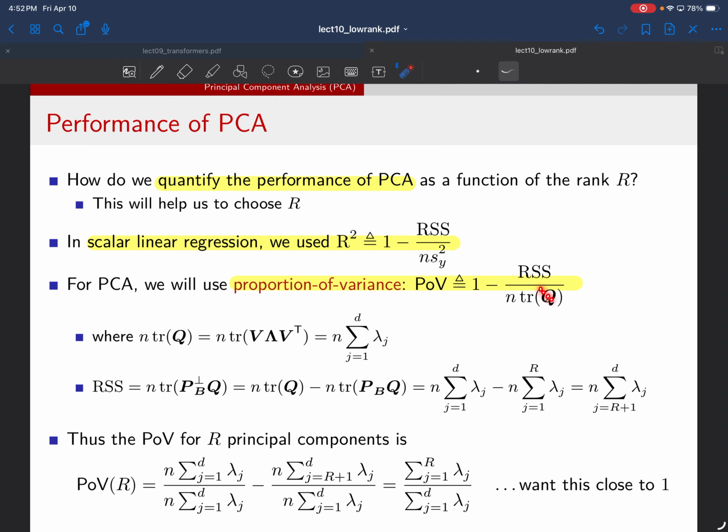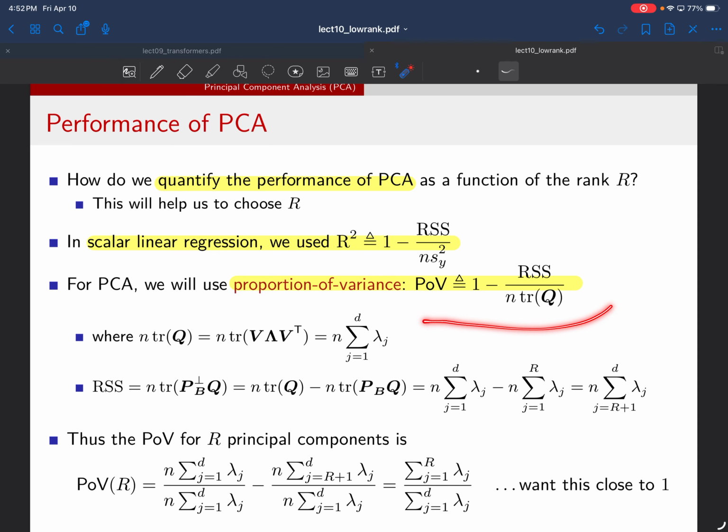The diagonal elements of this are the variance of every entry, and now we're just taking the sum of all the variances. So this is like the total variance of our X data set, whereas this is the total variance of our targets, the things we're trying to predict. This is how people measure performance of PCA.